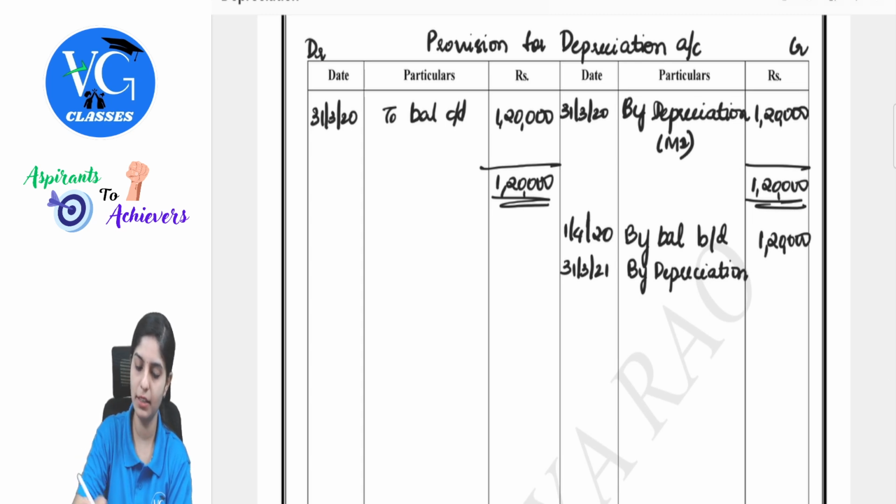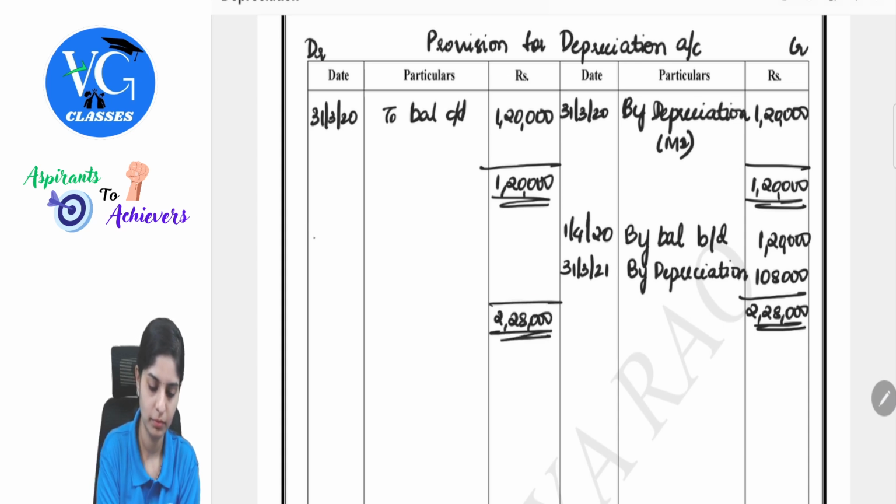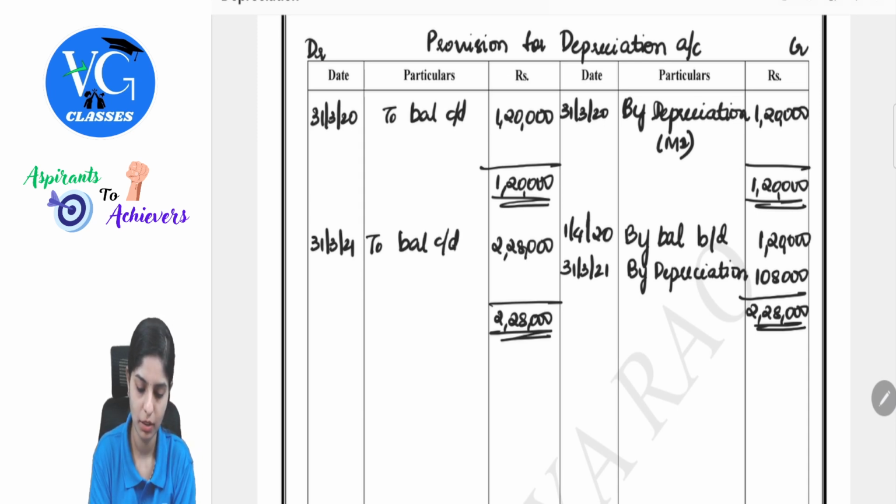On that 10%, so this will be 1 lakh 8,000. So total will be 2 lakh 28,000. 31st March 21 to balance carried down 2 lakh 28,000. 1st April 21.